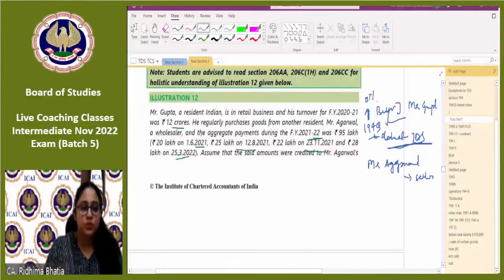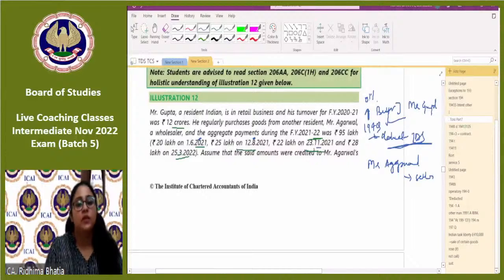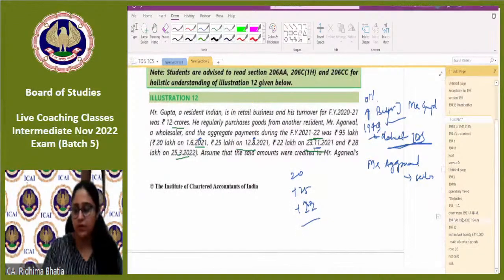तो 1st June को जब transaction हुआ, obviously TDS was not there, but yes, 20 lakhs. 12th August को transaction हुआ. Is it crossing more than 50 lakhs? No. No TDS. The moment 23rd November को transaction crossed more than 50 lakhs, TDS would be deducted. कितना transaction हो गया cumulatively? 20 plus 25 plus 22, which is 67.